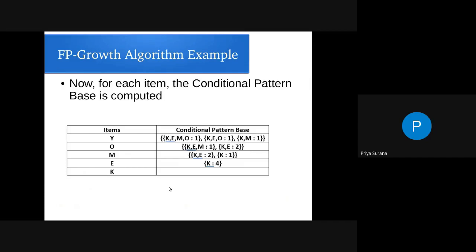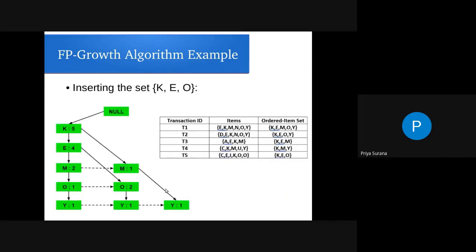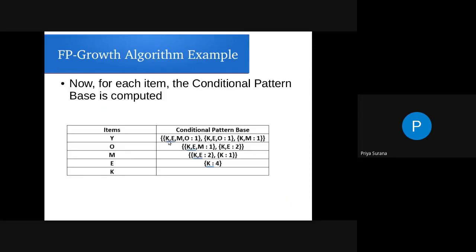Now for each atom the conditional pattern base is computed, which is the path labels of all paths which lead to any node of the given atom in the frequent pattern tree. So note that atoms in the table given are arranged in ascending order of their frequency. So if you check the tree which is built, now check Y, O, M, for Y: O, M, E, K. If you check, K, E, M, O in ascending order.